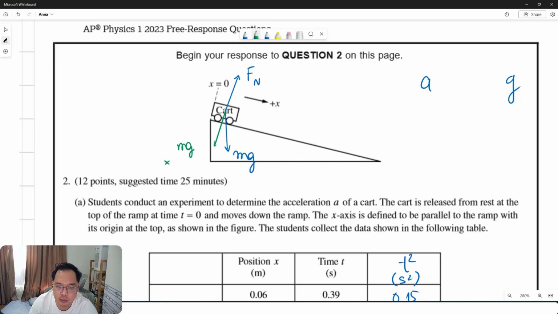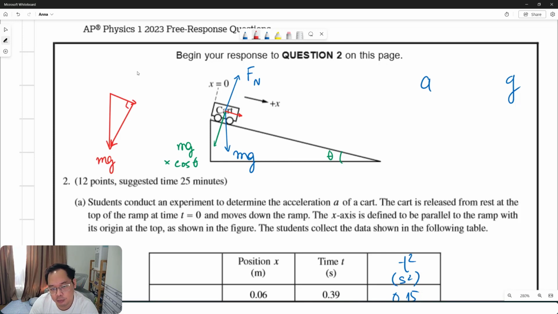This component is mg times cosine of the angle theta of the incline, and the other component of the weight is the component that is parallel to the incline. So this downward component is mg times sine theta, and this will be equal to the resultant net force, because the normal force Fn and the other component cancel each other out.